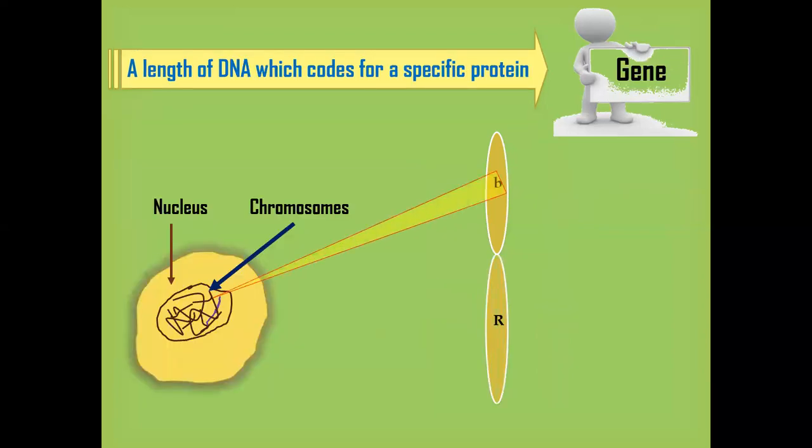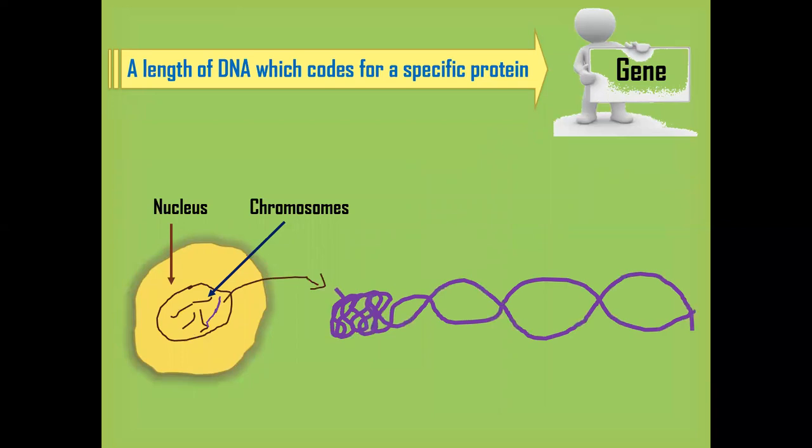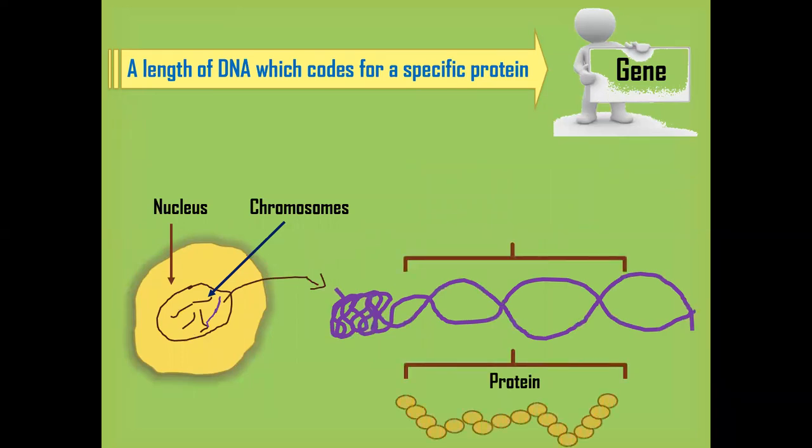Now we can emphasize the gene. All this genetic information is present in the nucleus, the nucleus contains chromosomes, and these chromosomes are made up of DNA. And this DNA contains genes. If we emphasize more on the gene, the gene is the length of DNA which can code for one particular protein.